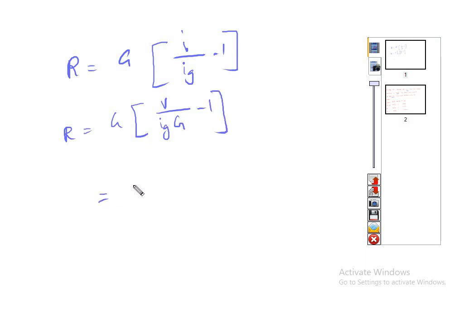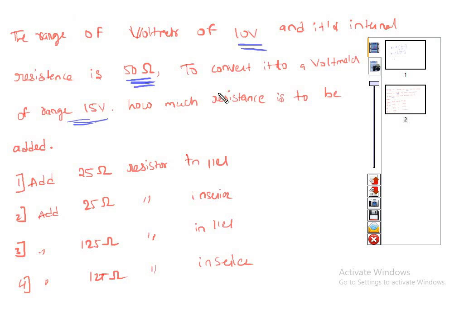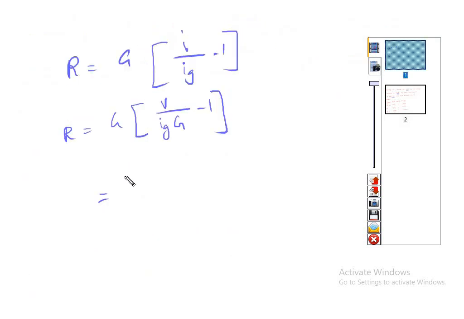You know that G is 50 ohms, the voltage is 15 volts, and 10 volts is the voltmeter range. So it is equal to 50 into (15 by 10 minus 1).